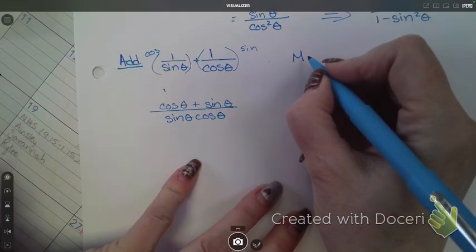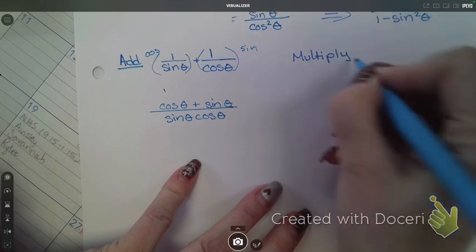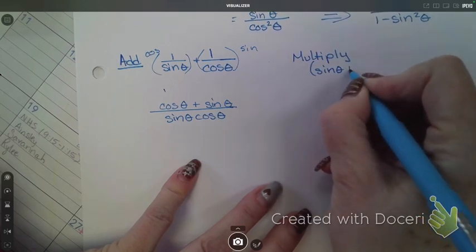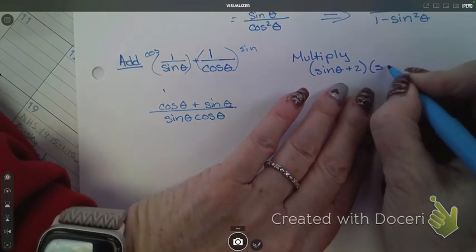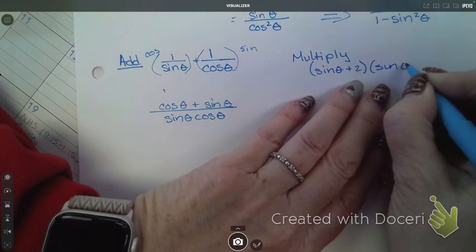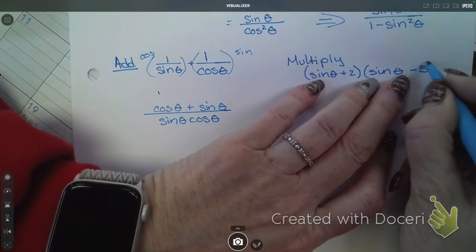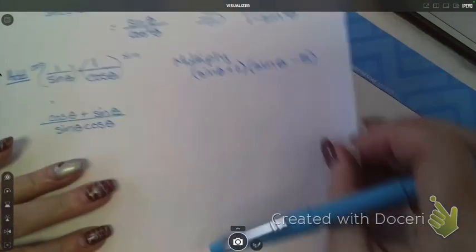So multiply sine of theta plus 2 and sine of theta minus 5. So I'm just going to what?